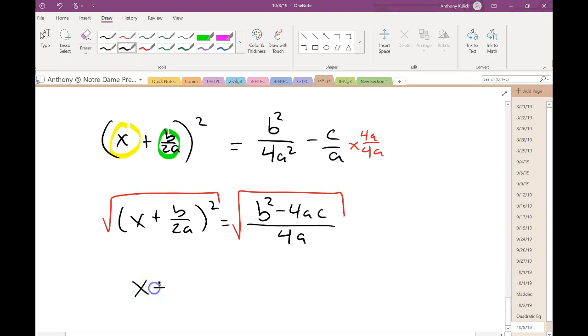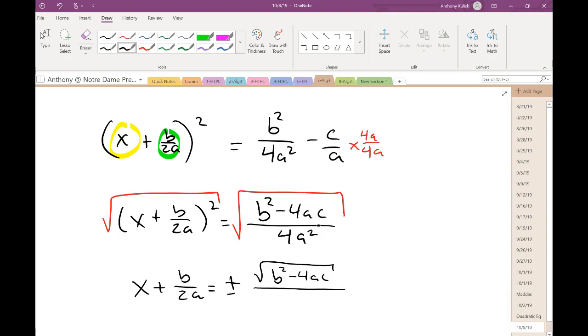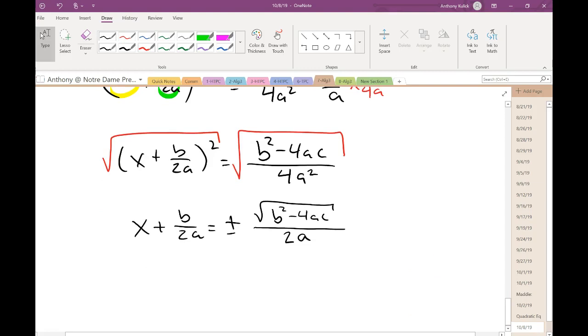So when I do that, I have to remember what? Plus or minus. And when I square root a fraction, I'm going to square root the top and square root the bottom. Now I can't simplify b squared minus 4ac because of the subtraction symbol. But I can square root 4a squared in the denominator. So the square root of 4 is 2, and the square root of a squared is just a. And my last step then will be to subtract b over 2a from both sides.